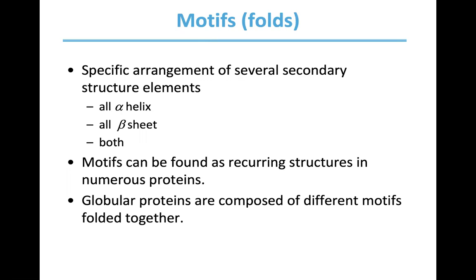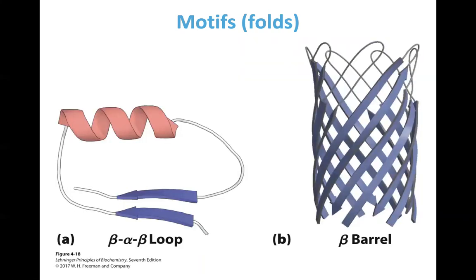For example, the beta-alpha-beta loop is a commonly recurring motif in protein structures, when you have an alpha helix and then a parallel beta conformation. Now, if you have just the beta conformation in the protein for a long segment, it can form what's known as a beta barrel.